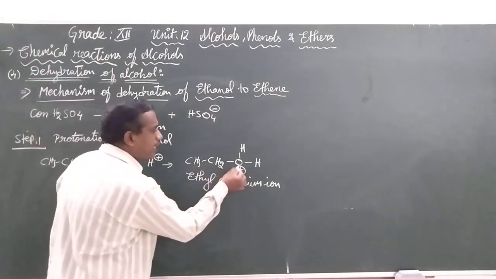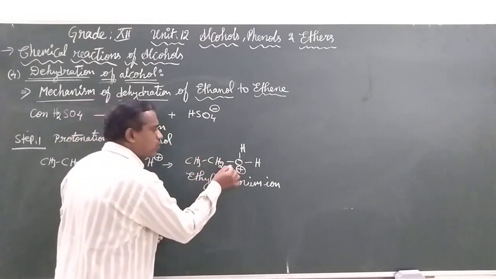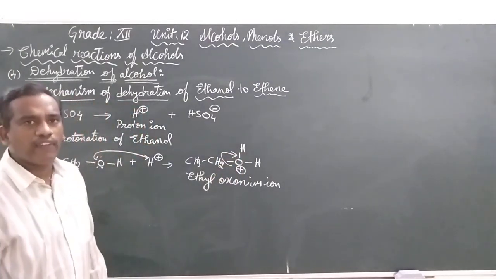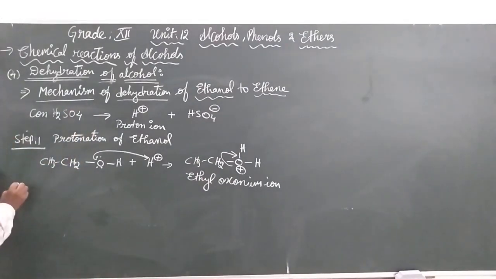Now the oxygen needs to utilize its positive charge. Hence it is going to withdraw the shared pair of electrons from the carbon. That is what happens in step 2.